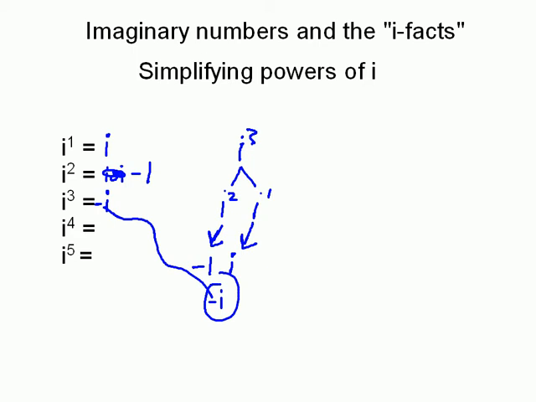Now, let me clear these things and just rewrite this. I to the first was just plain I. I squared was I times I, and after we went through the simplification process, it came out to -1. I to the third came out to -I, and I to the fourth could be broken down into I squared times I squared. What is I squared?